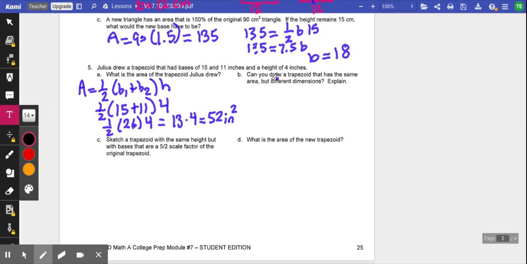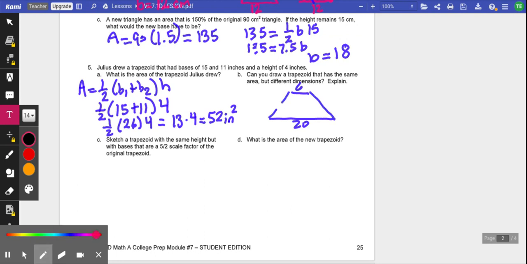Can you draw a trapezoid with the same area but with different measurements? Well, as long as my bases add up to 26, I could. So I just have to think of numbers that add to 26, maybe 20 and 6. So I can make this 20 and this 6, and then I might draw my trapezoid, and my height would still be 4.